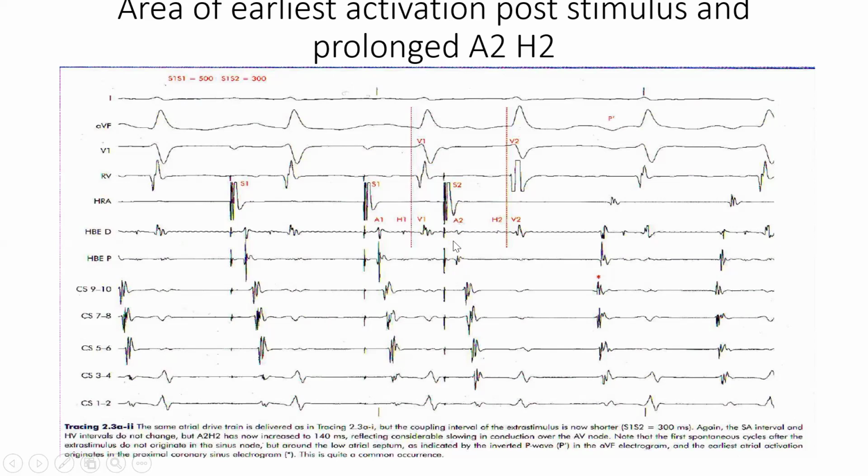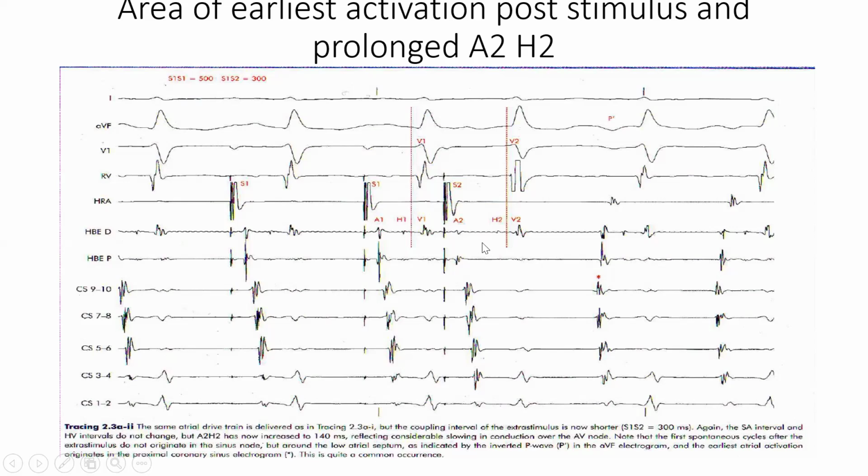So, Dr. Bassi, let's ask you again. What's the purpose of AH? It's to check the AV node conduction. Okay, so look at this A1, H1, A2, H2. What do you notice? There's a delay.